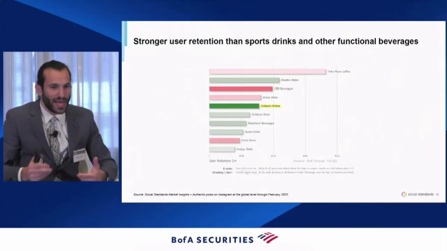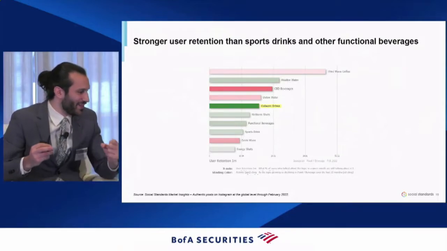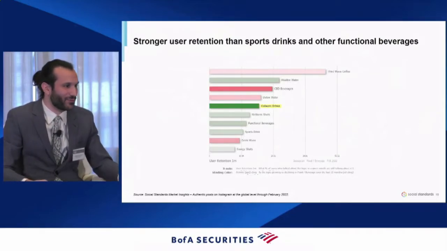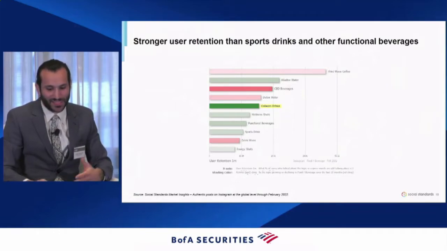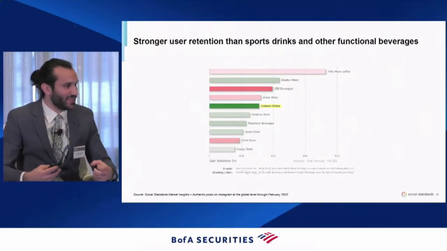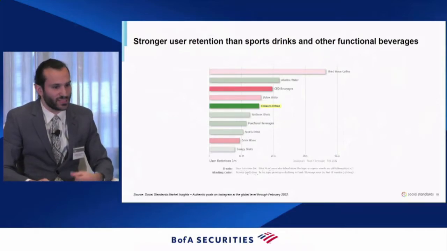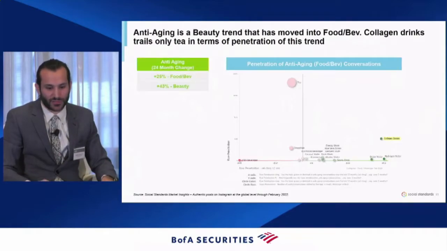It is below that of some very niche loyal categories like third wave coffee. People who participate in that space are highly brand loyal, highly engaged around more niche coffee than the more mass coffee. So to see that relative to some of these key categories that it might be comparable to, like sports drinks or functional beverages, that's pretty strong user retention.